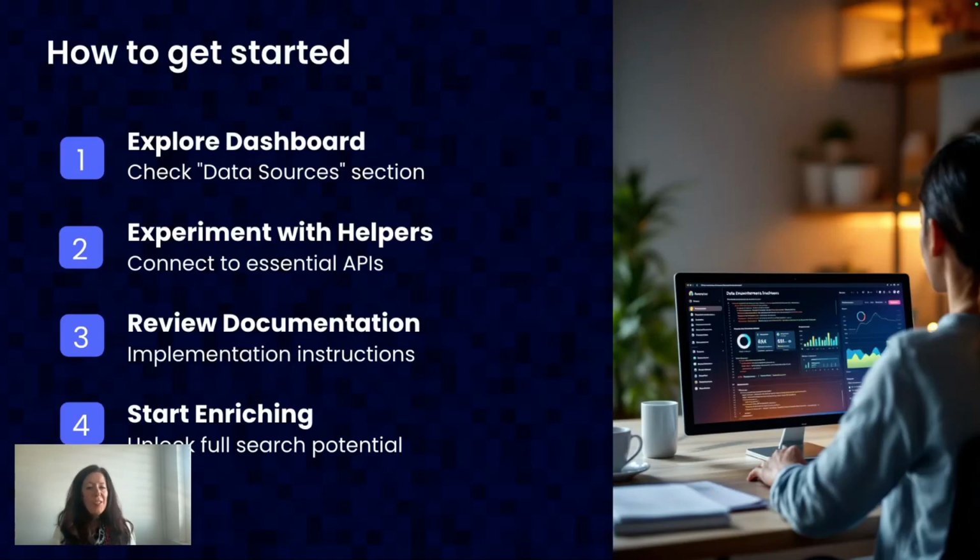To summarize next steps and how to get started, we'd love to have the feedback. We know that data quality is paramount to the success of search and discovery. Really just start exploring the data sources tab in the dashboard, and start experimenting with the helper functions.